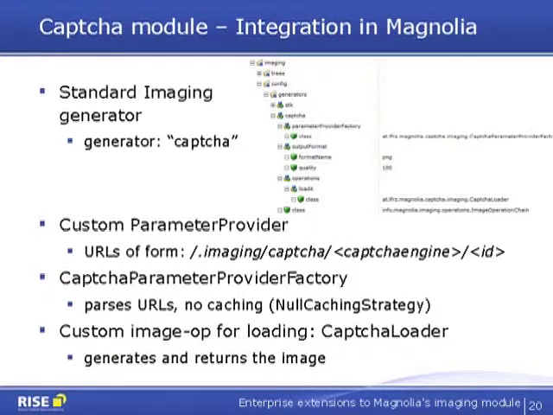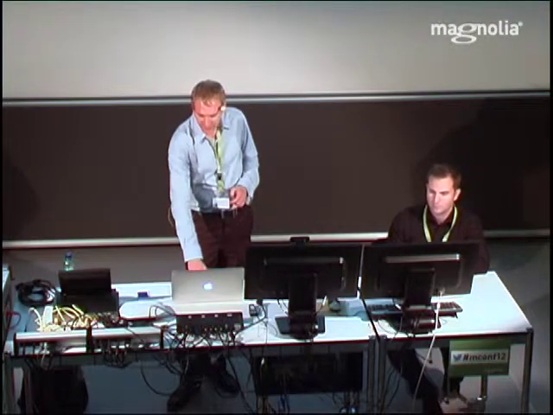How did we make that work together with the imaging module of Magnolia? Basically, we created a new generator, the captcha generator, which works together with a custom parameter provider, which handles URLs of the form .imaging captcha, that's the name of our generator.